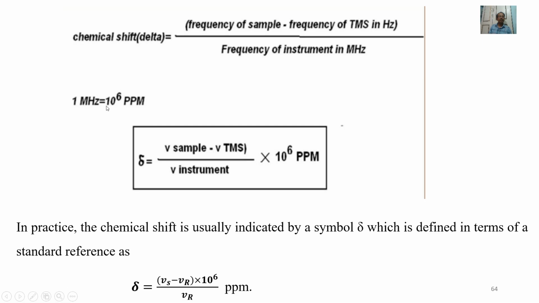1 megahertz is nothing but 10 power 6 ppm. So this is expressed by the formula delta equals nu sample minus nu TMS divided by nu instrument, times 10 power 6 ppm. In practice, the chemical shift is usually indicated by the symbol delta, which is defined in terms of the standard reference as given by this expression.